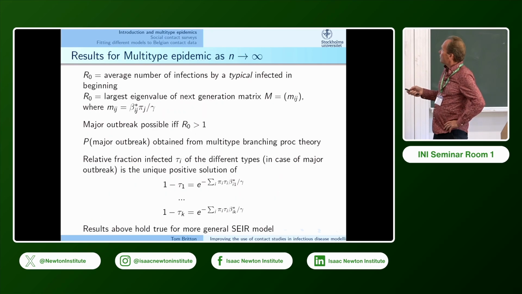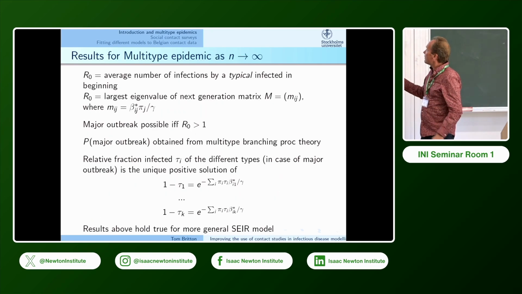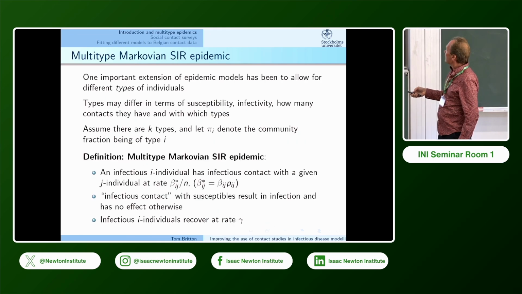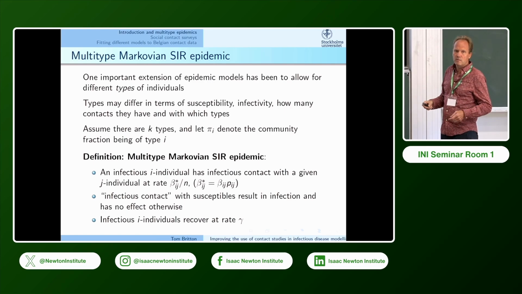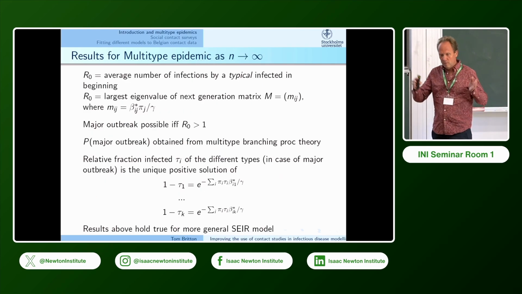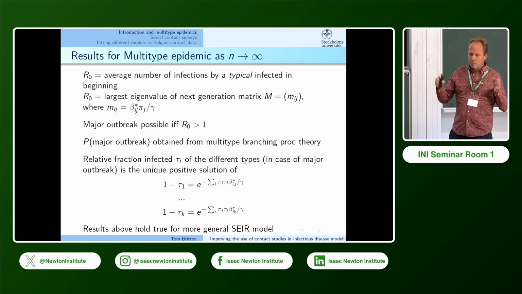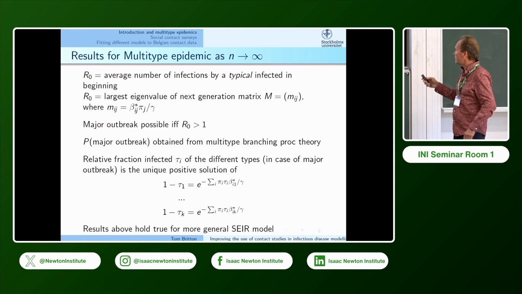So what about these models? Well, if you know this contact rate, I forgot to say that you need to know something else. You also need to know what fraction of the community belongs to each type. Without that information, you can't make any progress at all, but usually you know from the statistics bureaus what fraction of the community is between 0 and 10 years, and what fraction is between 11 and 20.